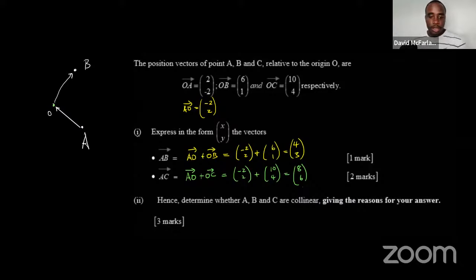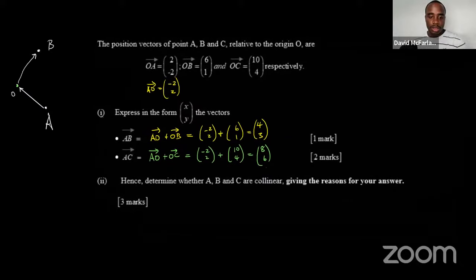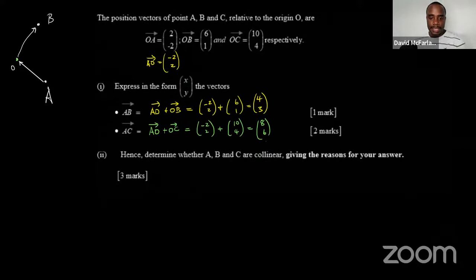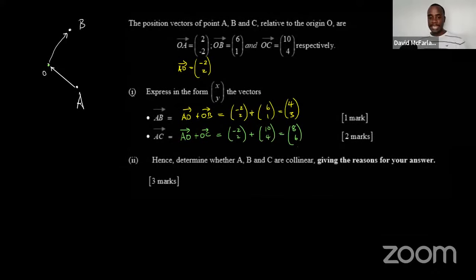All right, good. Now, let us go to the third part. It says, hence, determine whether A, B, and C are collinear, giving reasons for your answer. Now, what does that mean? Collinear. What in the world of vectors is that? Well, remember when you were doing gradient, I would say that the points are collinear.